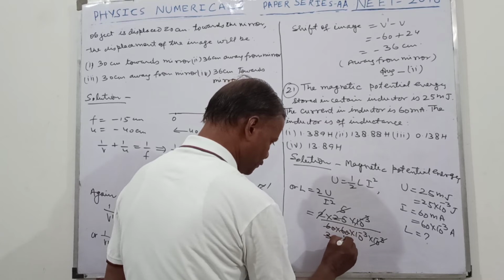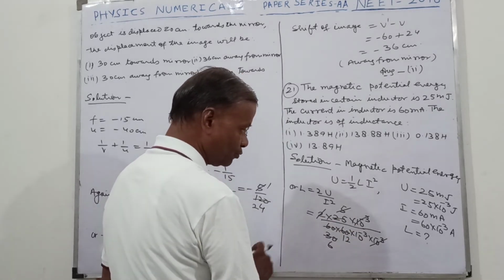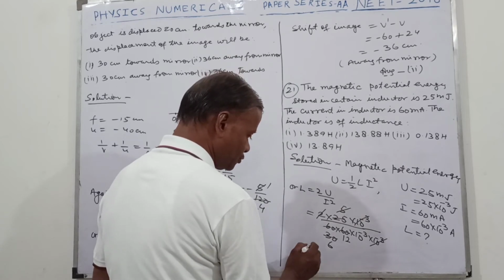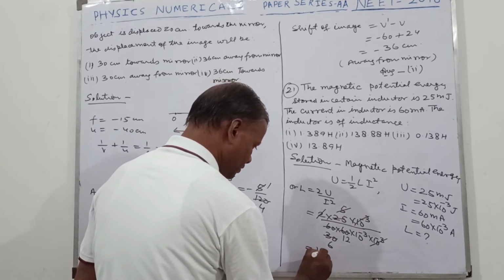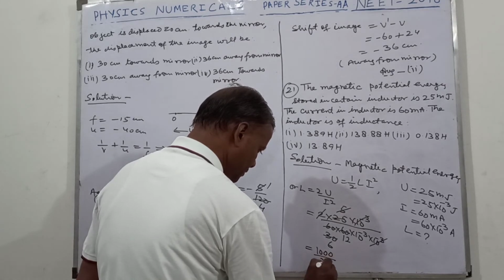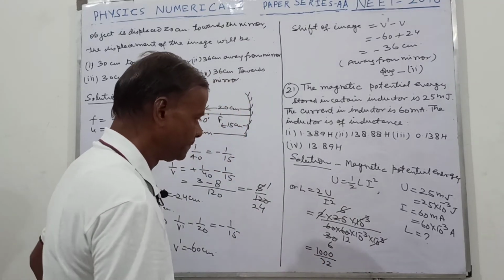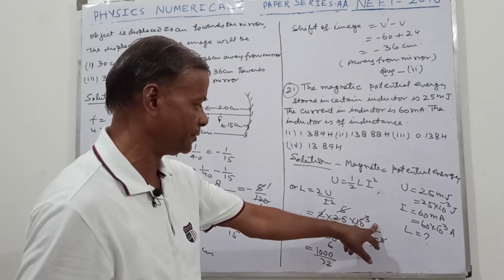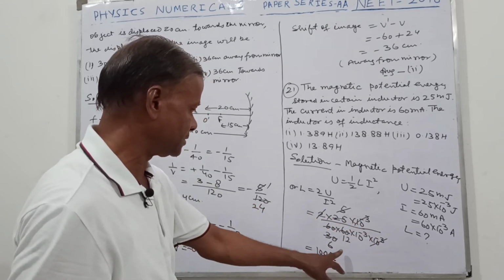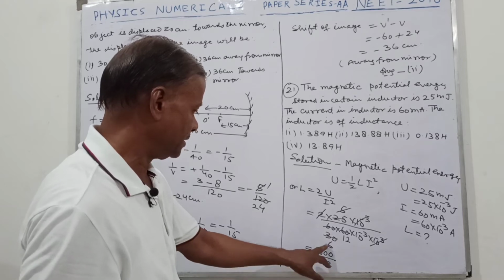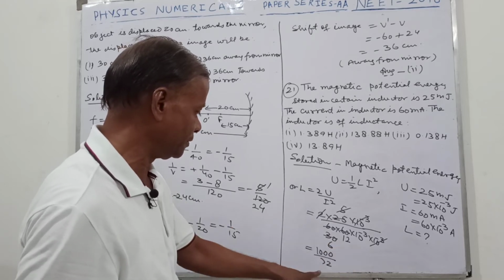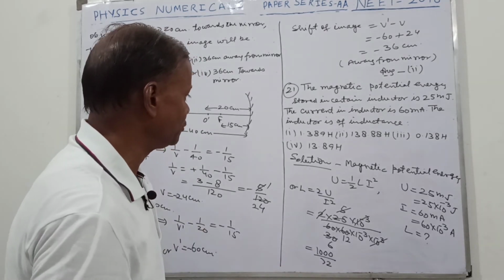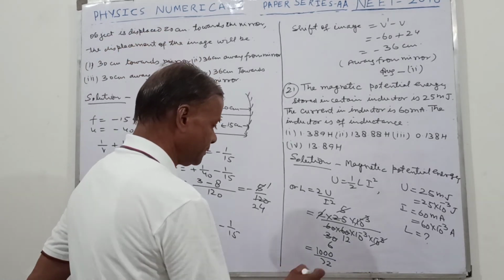And 5 twelves are 60, so 72. 10 raised to the power minus 3 will go up. So this will be 1000 upon 72. 1000 from here, minus 3 will go in the numerator. That will be 1000. And 6 into 12 equal to 72.